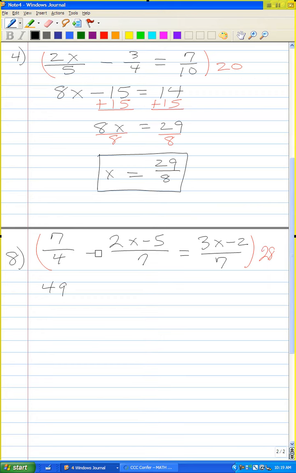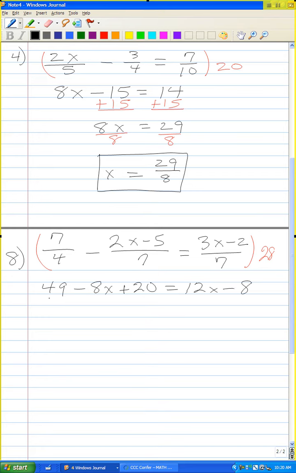28 divided by negative 7 is a negative 4 times 2x is a negative 8x. 28 divided by negative 7 is a negative 4 times negative 5 is a positive 20. 28 divided by 7 is 4 times 3x is 12x. 28 divided by 7 is 4 times negative 2 is negative 8.